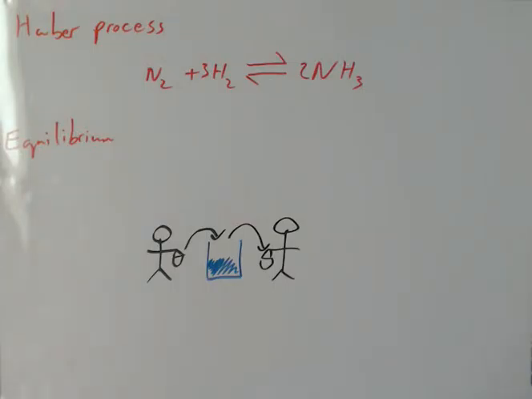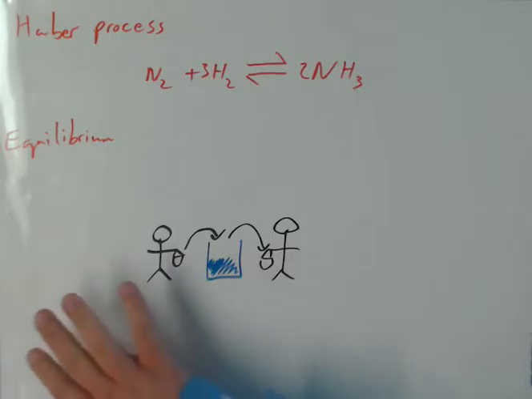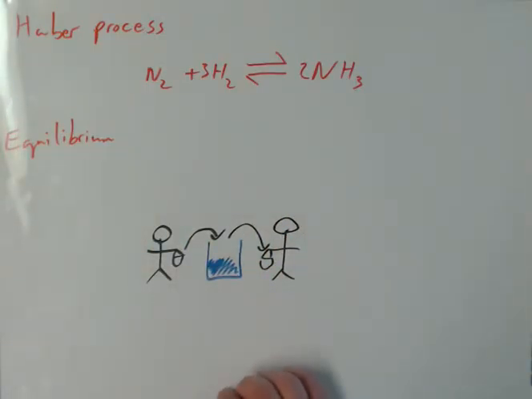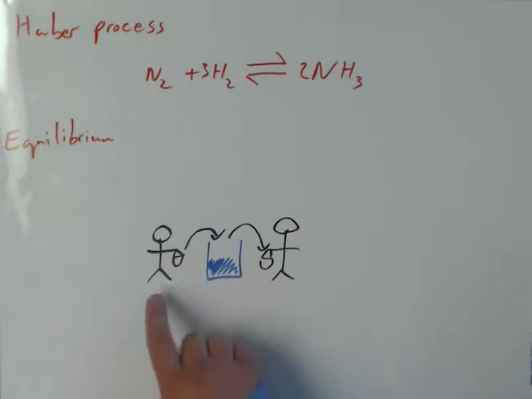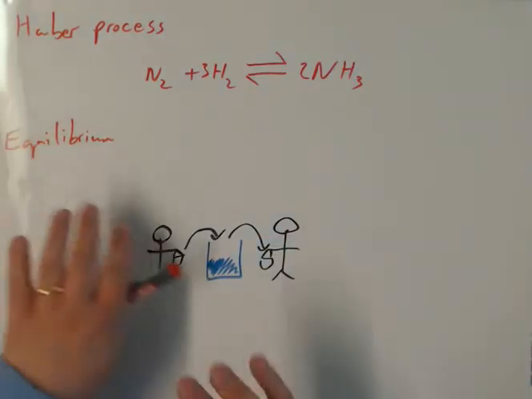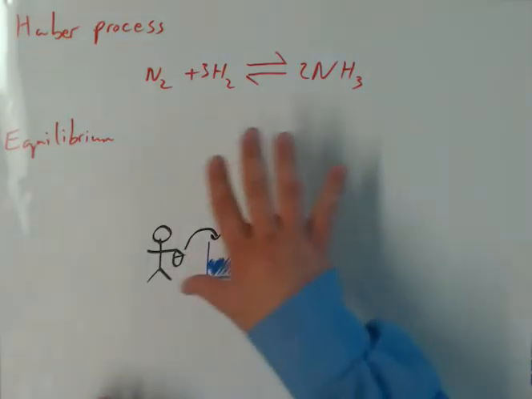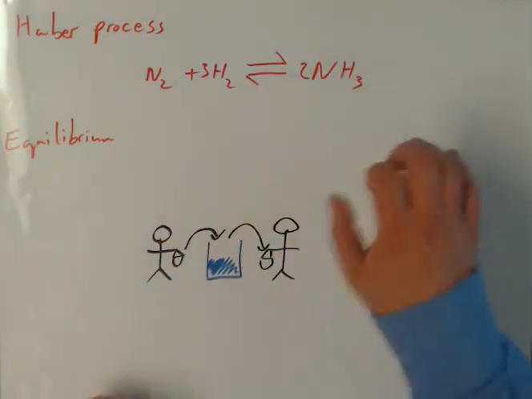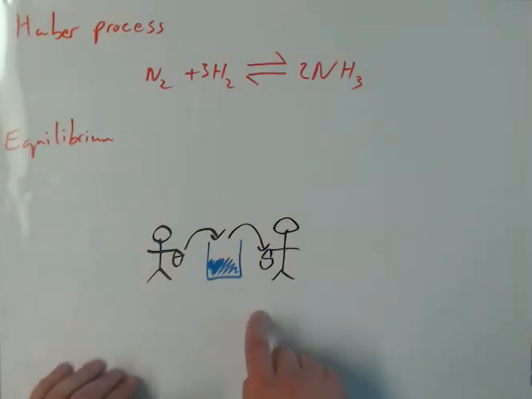Now, neither of them stops putting water in or taking it out, but when they're working at the same speed, the bucket is going to keep the same amount of water. That is an equilibrium case. At some point, this person could be faster. That would disturb the equilibrium. We need to talk about that. So that's the first thing, equilibrium, where the forward and reverse reactions cancel out, where both of these men with the buckets work at the same pace.